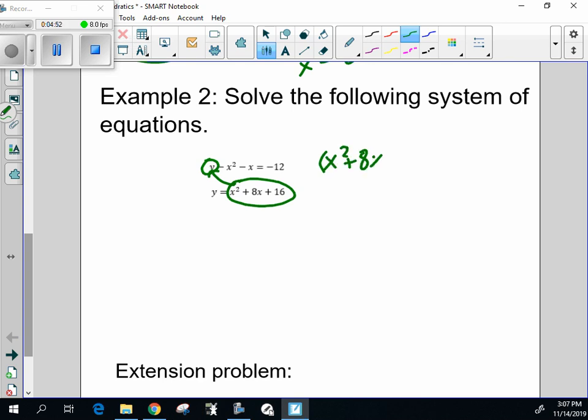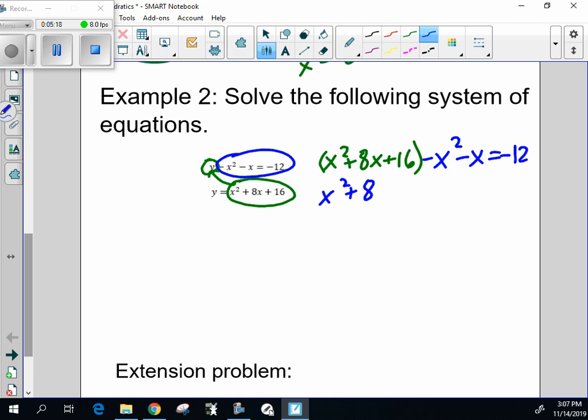Then I'm going to rewrite all the rest of the equation: minus x squared, subtract x equals negative 12. I put parentheses around what I substituted in. If parentheses are not needed, there's no subtraction on the outside, no negative, no square, no multiplication, we can drop the parentheses and look at what we have.